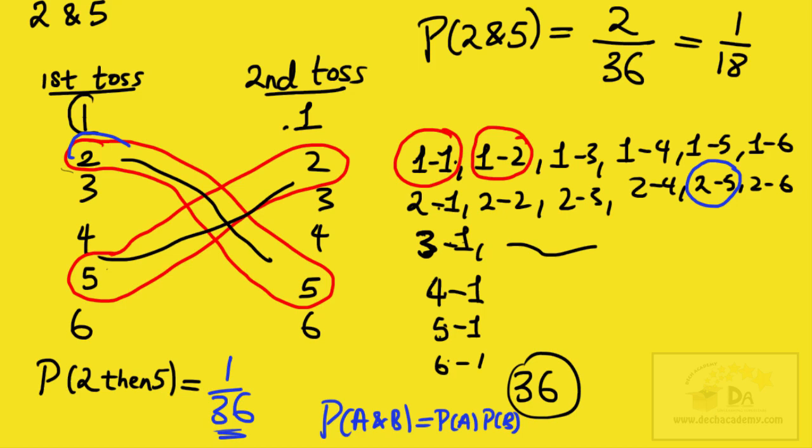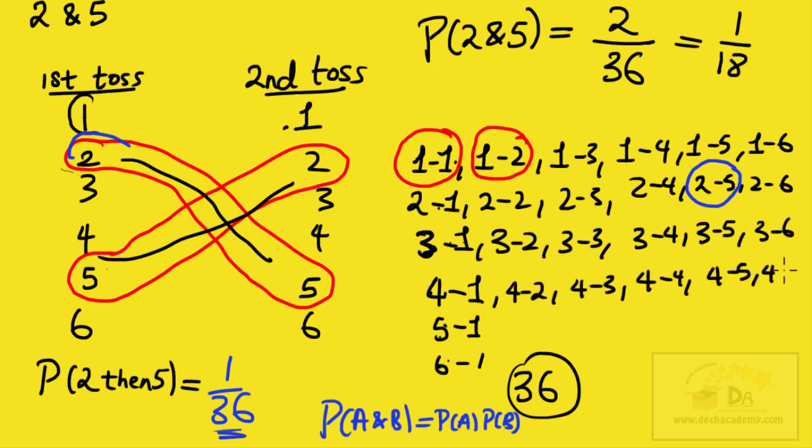So just for the sake of completion, I'm going to list out all the possible outcomes just in case anyone is sort of confused by what I'm doing here. So I'm just listing out all the possible outcomes.